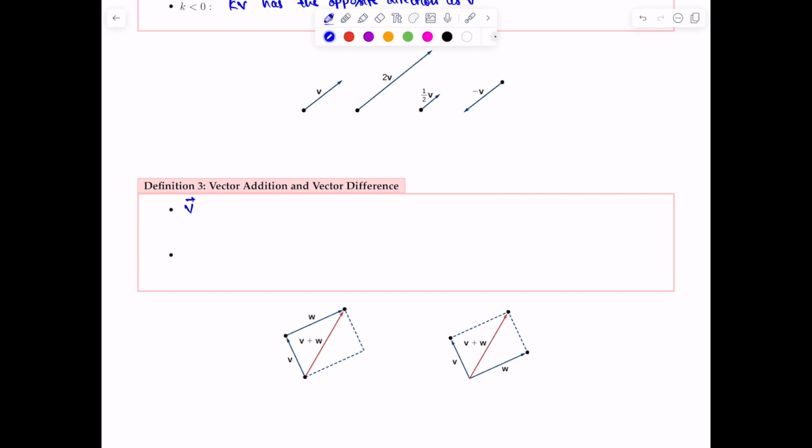So v plus w is called vector addition. And again, they have to be in the same dimensions. There are 2 methods for vector additions. The first one is called the triangle method. And the second one is called the parallelogram method.